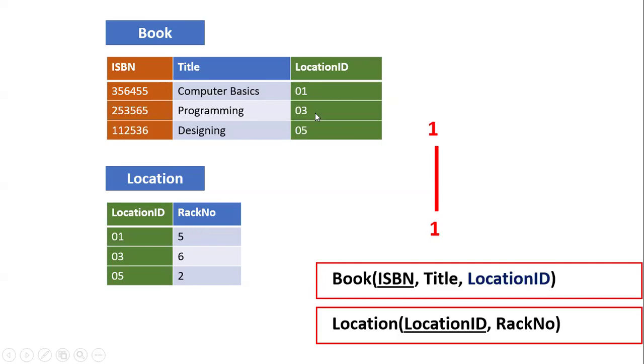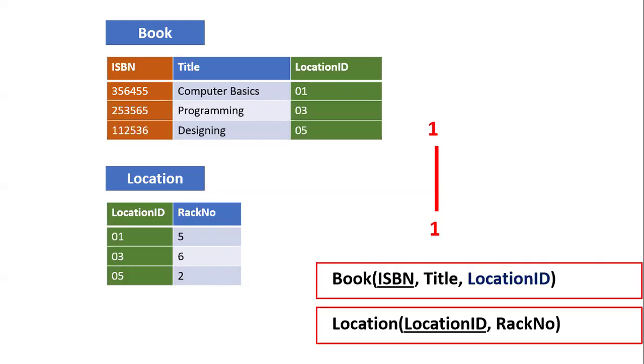Programming, location ID 3, rack number 6. Like that, every record in this table has a relevant record in the location table. In our ER diagram we drew this as a partial participation, so there can be more records available in the location table. That's okay, right? I'm using only 3 records here.